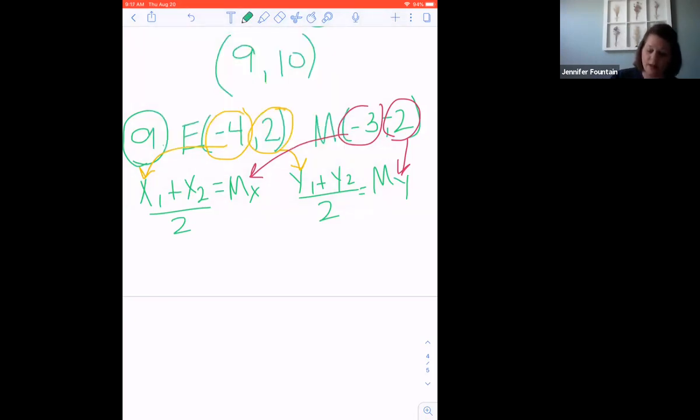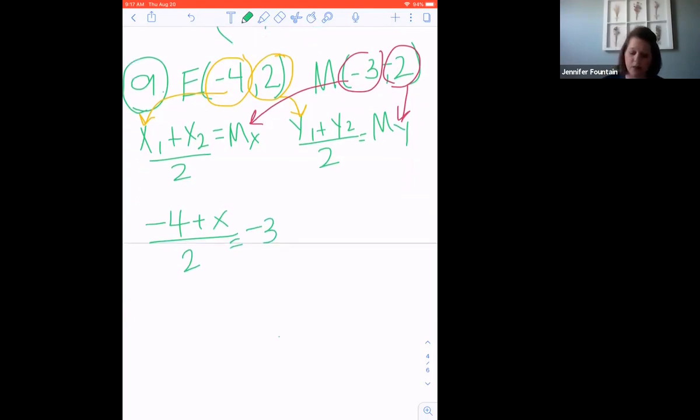So I've got -4 that I'm plugging in for X1, plus x. I'm not going to bother. If you want to write x2 there, that's fine, but it's the only x I'm dealing with. So just to be quick and fast, I'm not even going to worry about doing x2. And so then I know that -3 is plugging in there. I can use my arrows that I've drawn to know what's plugged in.